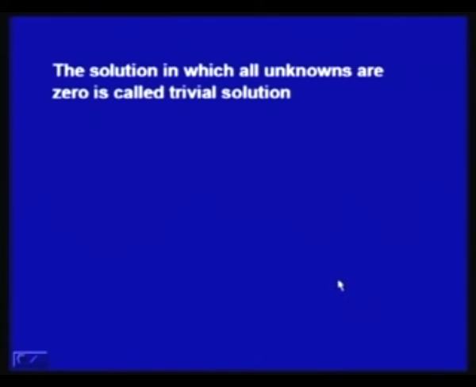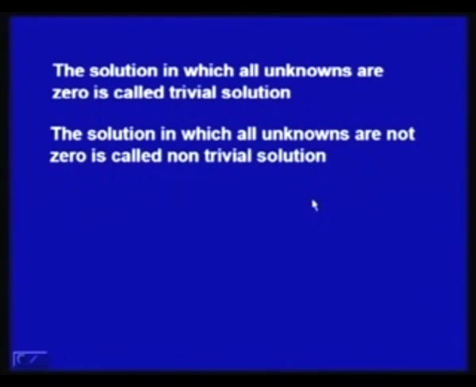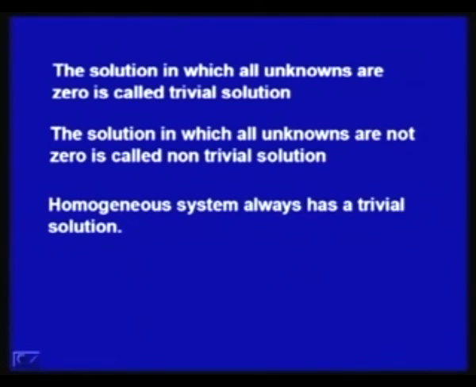The solution in which all unknowns are 0 is called the trivial solution. So, a homogeneous system will always have a trivial solution, that is why it is consistent. And the solution in which all unknowns are not 0, some of them may be 0, but at least one is non-zero, is called a non-trivial solution. So, a homogeneous system always has a trivial solution.